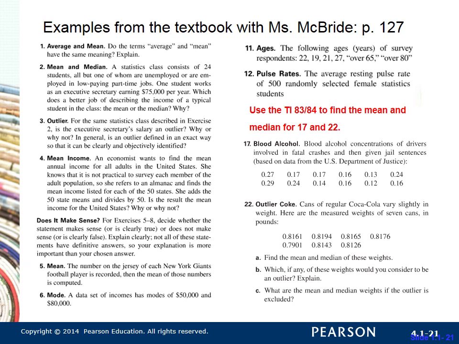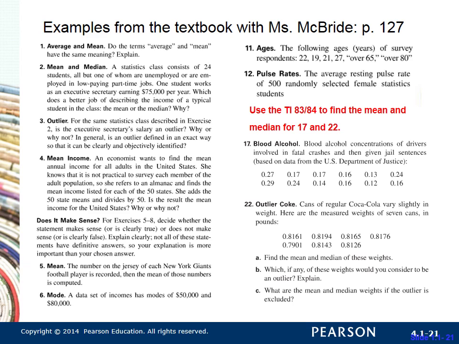All right, average and mean, do they mean the same? No, we've already said that. Average could be mean, median, or mode. Mean is the sum divided by the total. Number 2, here we have a stats class consisting of 24 students, all but one who are unemployed at low-paying jobs. One student works as an executive secretary earning $75,000.